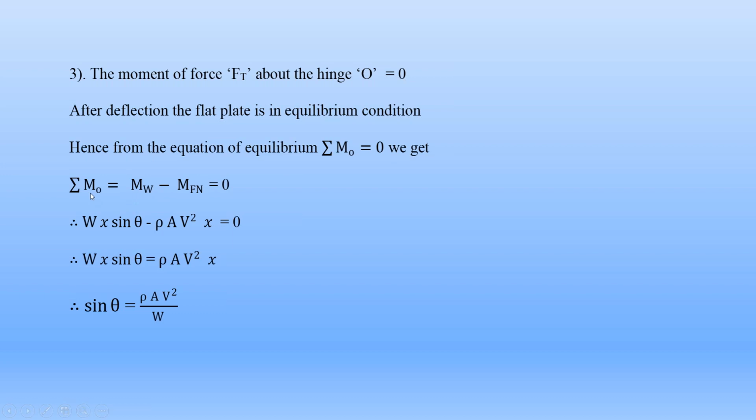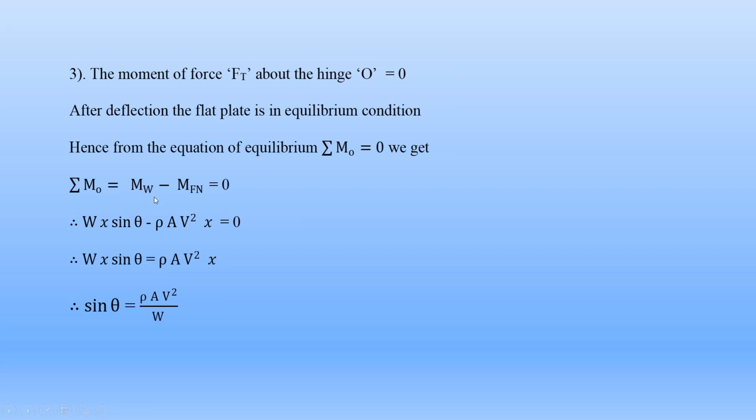Sigma M_O, where O is the hinge support. Since there is a hinge support on the vertical metal plate at the top, the algebraic sum of the moments of forces about the hinge support is 0. So sigma M_O is equal to Mw minus Mfn equal to 0.